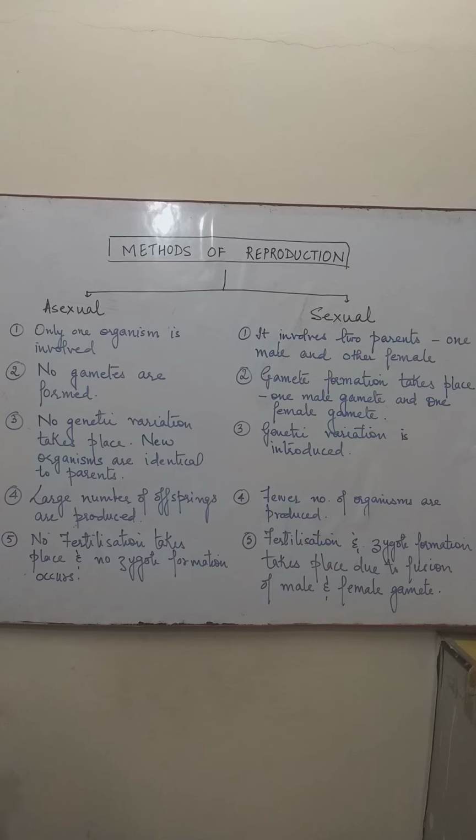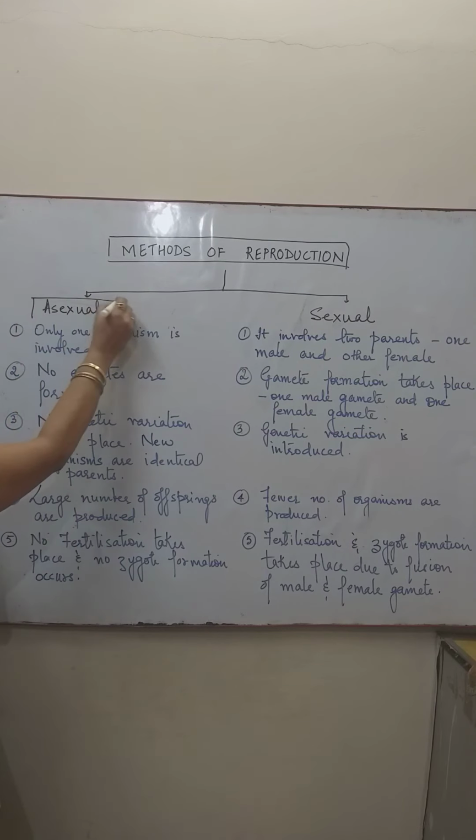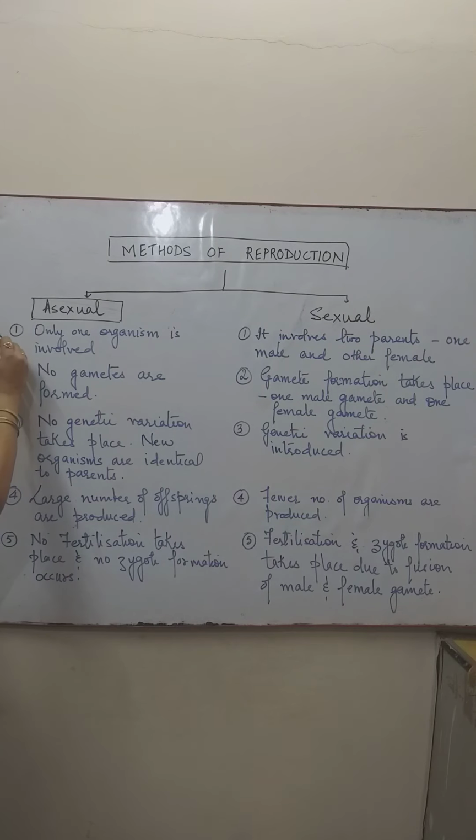When we talk of asexual reproduction and sexual reproduction, let us try and understand what the major difference between the two methods of reproduction is. Asexual reproduction is the type of reproduction in which only one organism is involved.